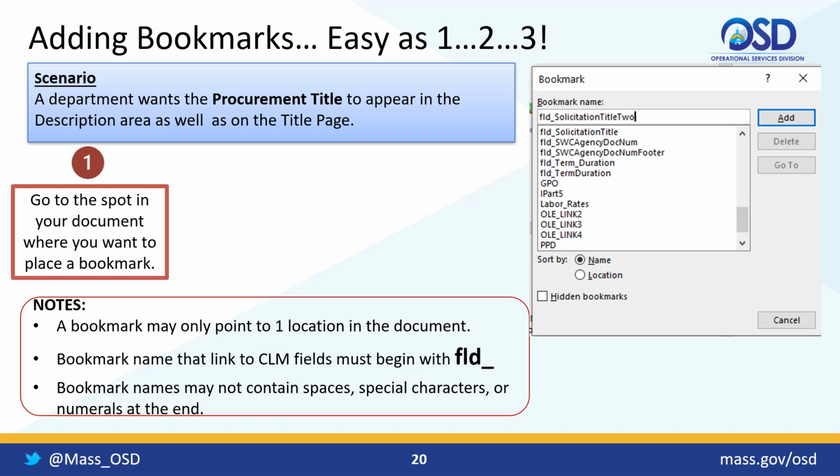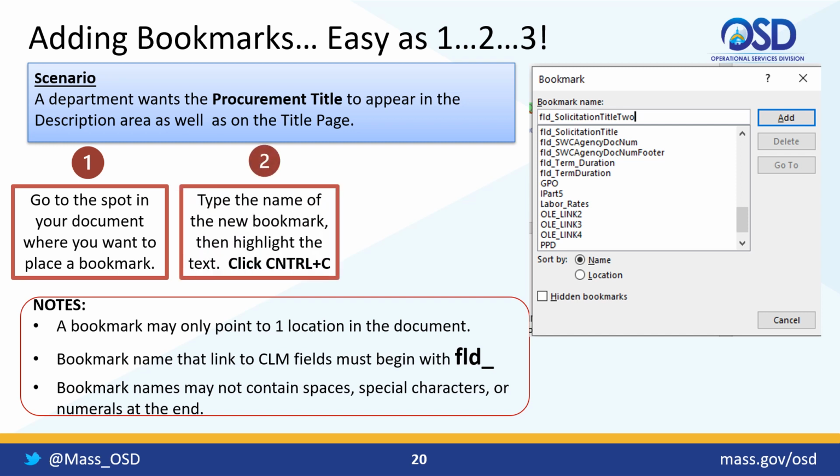Adding bookmarks is easy. Go to the point of the text where you want to place a bookmark. Type the name you want to give the bookmark. Be sure to follow the rules. The name must start with FLD_ and cannot contain spaces, special characters, or numerals at the end.